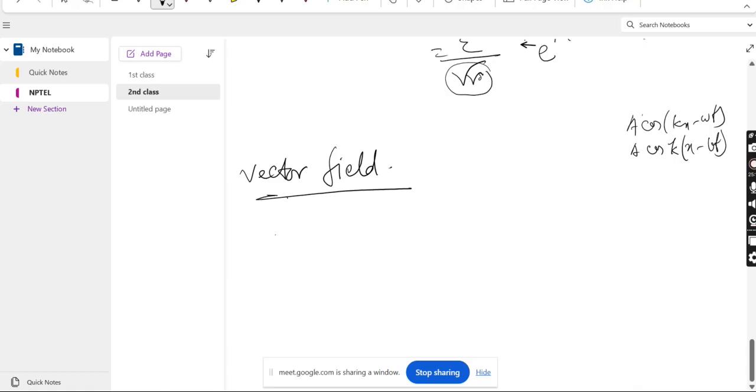So I should not go there because there is a question about which of these 4 options are vector fields. I hope you can answer that, and if you have any doubt regarding vector fields, let me know. I'll discuss it in one of the next classes.